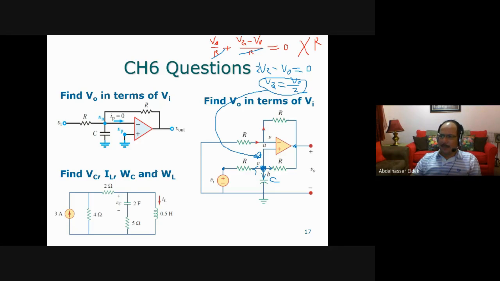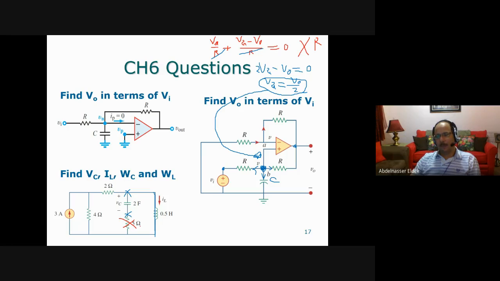The third one is very similar to the problems that we solved in this chapter. What you need to do is just replace the capacitor by an open circuit and the inductor by a short circuit. Then you short this one, and you open this one, so you don't have this capacitor here. And when you open this capacitor, you have this 5 ohm connected to nothing, so you can remove it.